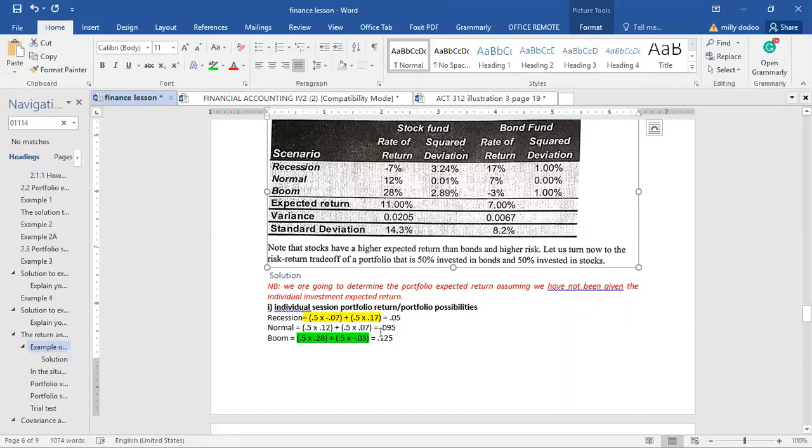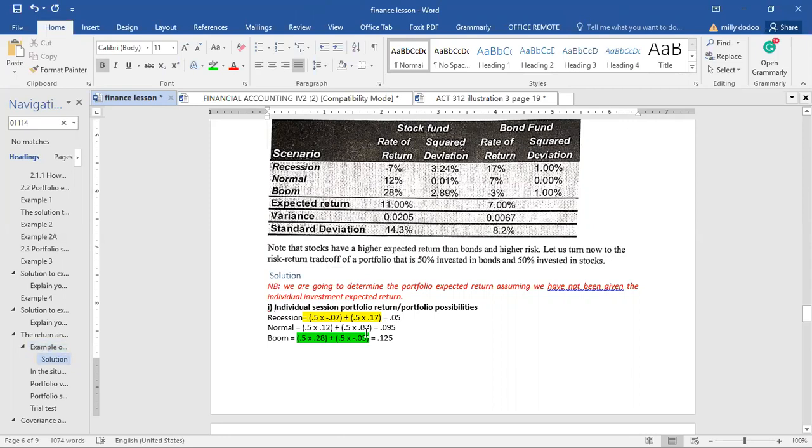So at the end of the day, you have determined your individual investment possible return for the section. Or we can also call them the individual section portfolio return.